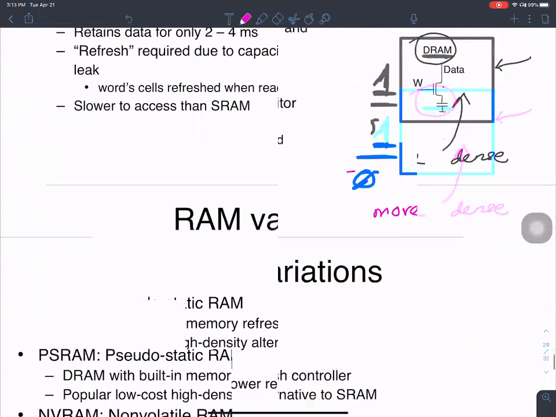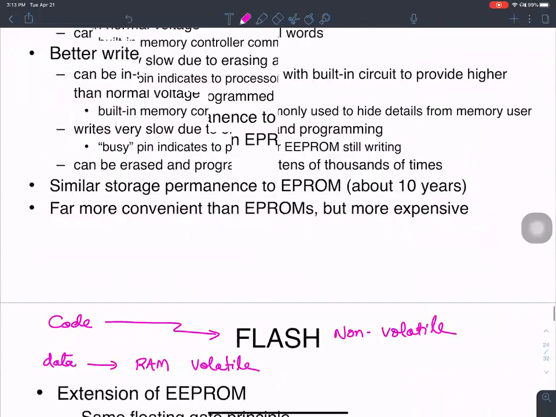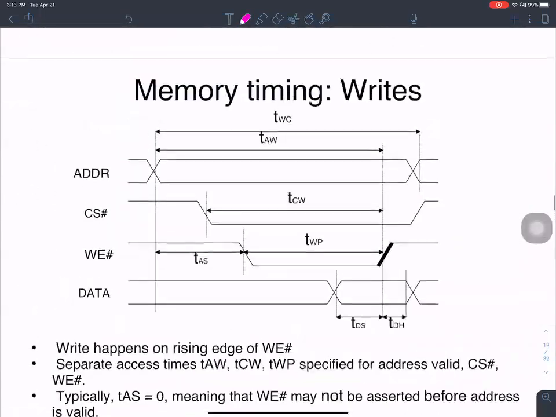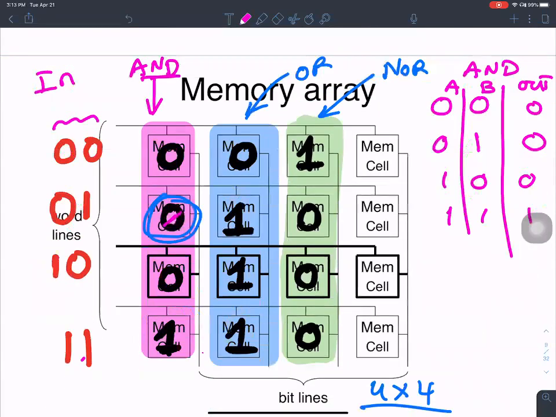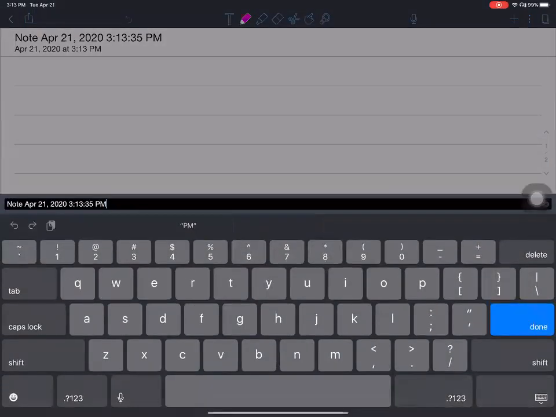Then I also talked about the idea of using memory components, a memory array, to implement a lookup table. So let's follow up on that. Let's continue on that.